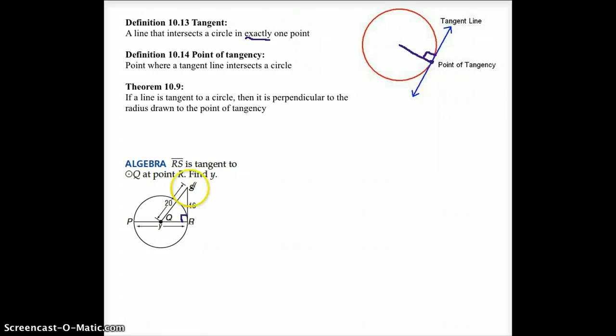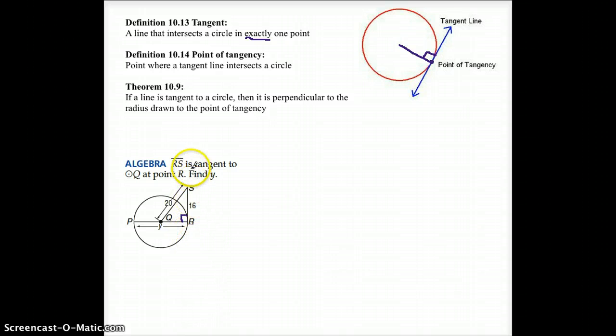And one thing to point out before we go any further is that even though RS is a segment, it can still be tangent. Technically we usually talk about tangent lines, but a segment is just part of a line. So this tangent segment is just part of a whole line that we know would be tangent there.